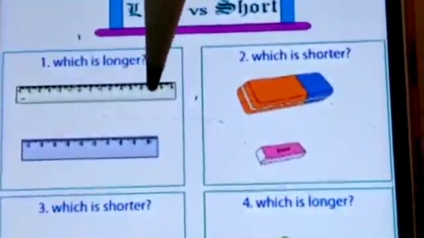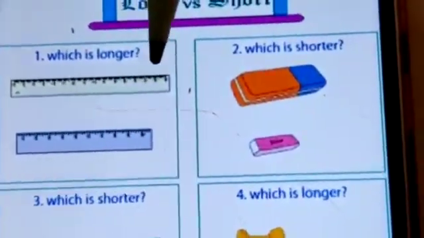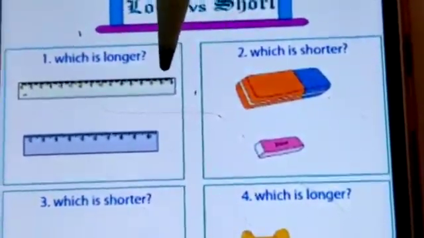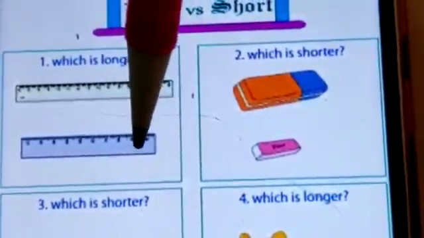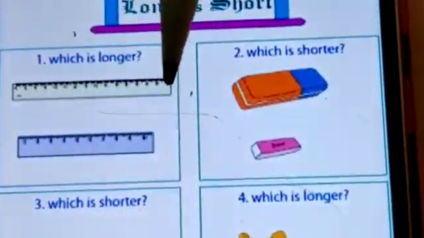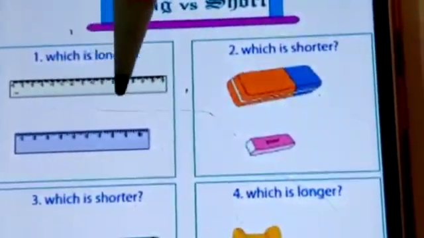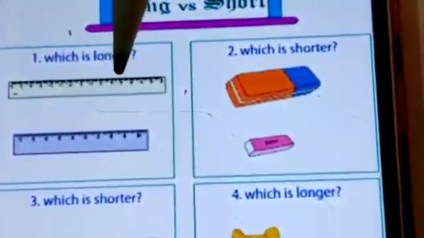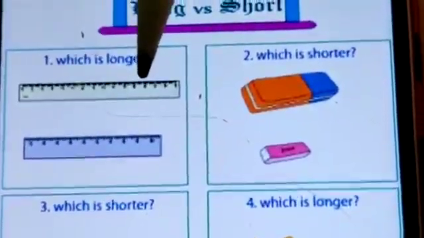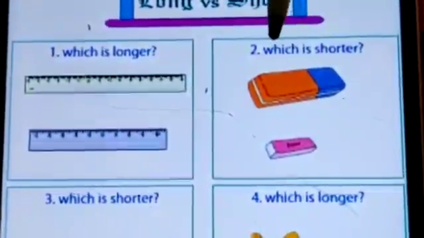Now children, see, here are two scales. From these two, tell me which one is longer, the upper one or the down one? Yes, this one is longer. So we will put a tick on this longer scale. Now here what is the question?